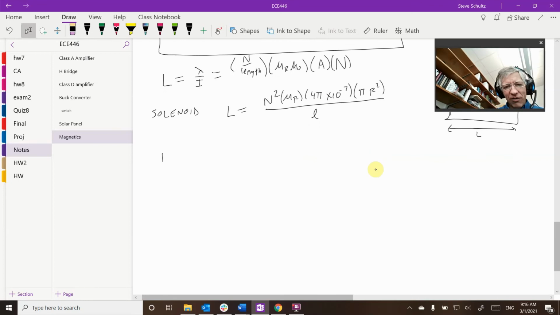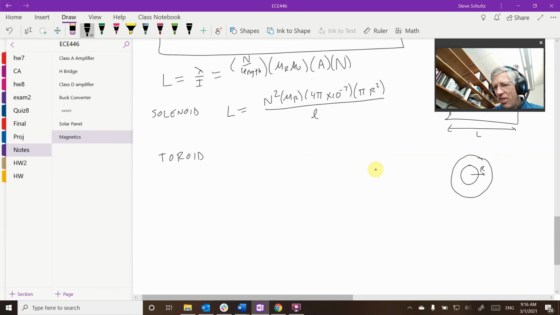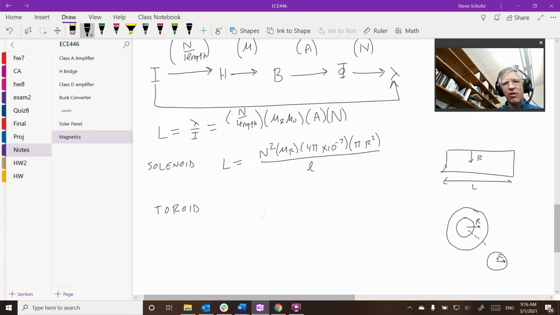And then if I want to finish it off, the toroid. Now remember my toroid looks like this, and it has a big R like that. If I take the cross-sectional area there, you see that's going to be a circle, and that's going to have a little radius of r. So let's go back up to here.